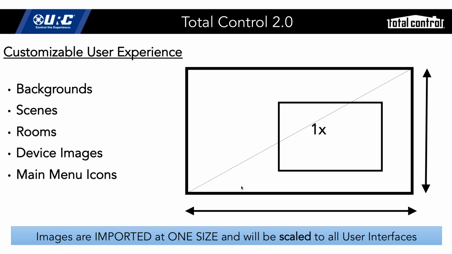And one of the ways that we have done that is instead of having different sizes for different user interfaces, meaning that you would have to put new images into the right folder at the right size for each of the different user interfaces, we have given you the ability to create a single one size image. We dictate the size, but as long as you create that image to the size that we say, we will automatically scale it to fit all user interfaces.